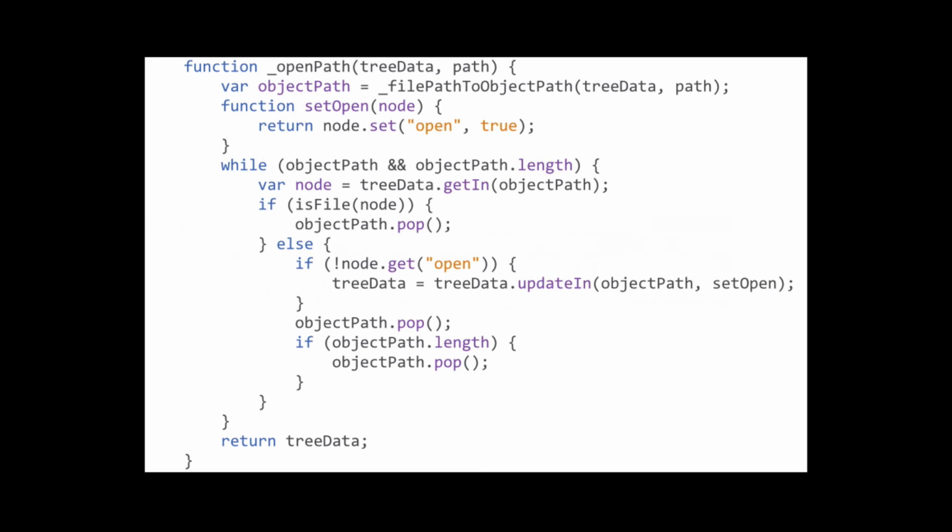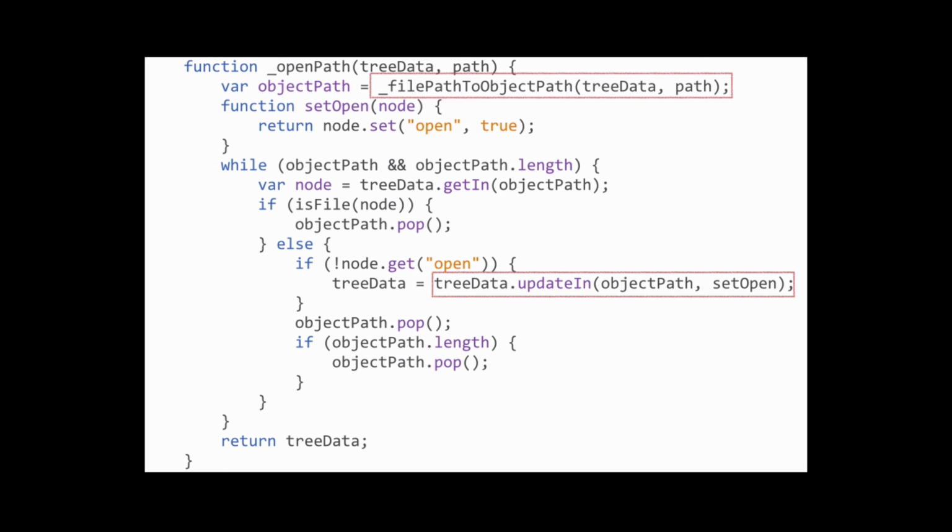So looking at openPath, this is the function openPath, and basically it takes in tree data and a file path. Now the first thing that we have is a convenience function called filePathToObjectPath, and basically what it does is it takes something like subdir slash subsubdir slash third sub and turns it into subdir, comma children, comma subsubdir, comma children, comma third sub.